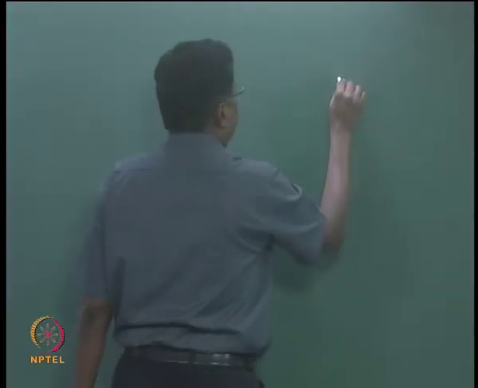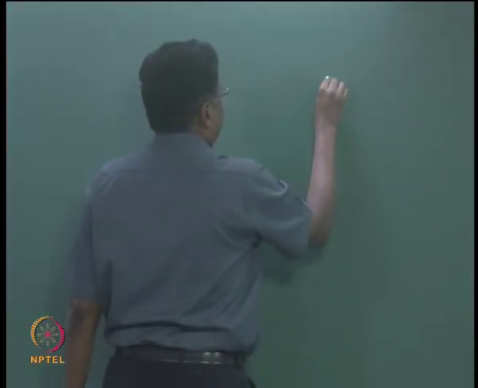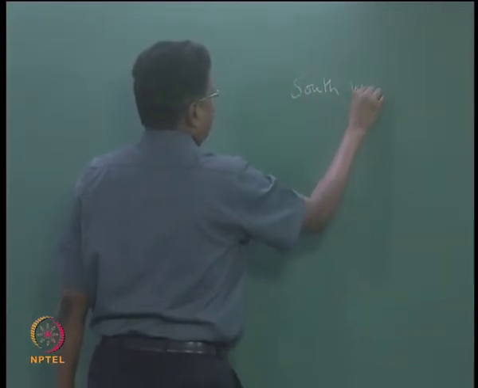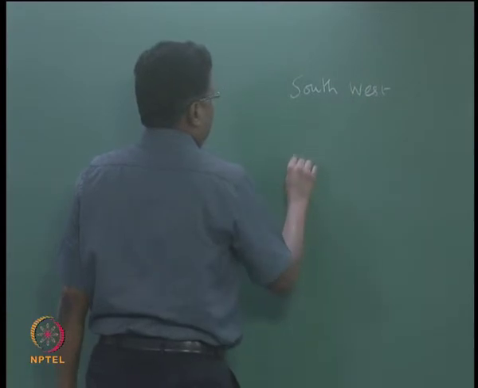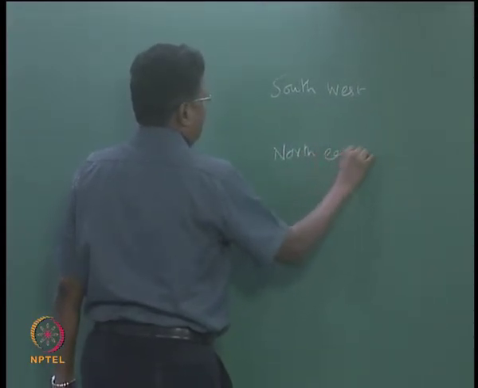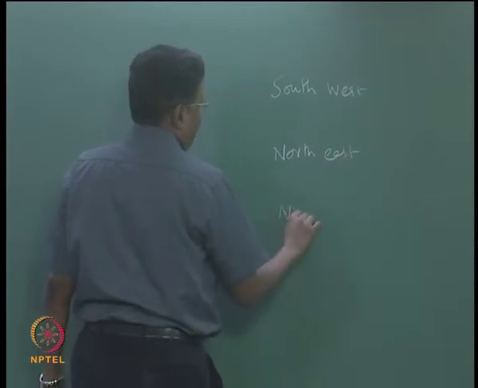So we have 3 seasons, one is called southwest monsoon, another is northeast monsoon, and the next one is non-monsoon.